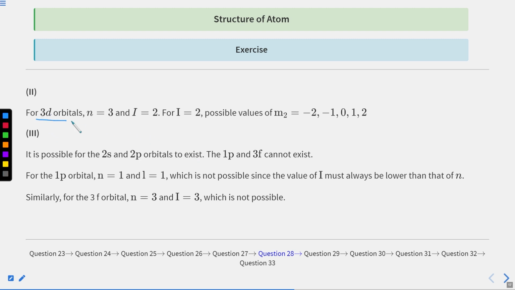Next, for the 3d orbital, the value of n will be 3 and the value of l will be 2. For l equals 2, possible values are minus 2, minus 1, 0, plus 1, plus 2. Now it is possible for 2s and 2p to exist, but 1p and 3f do not exist, as I have said earlier. Similarly for the 3f orbital, n equals 3 and l equals 3, which is not possible.